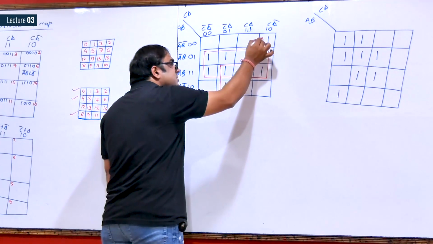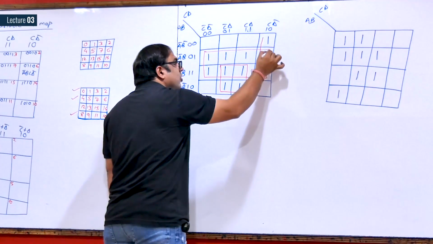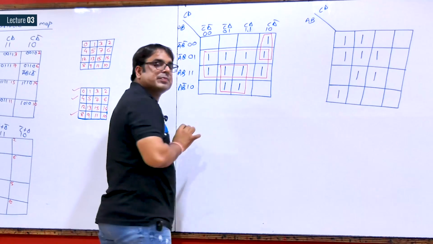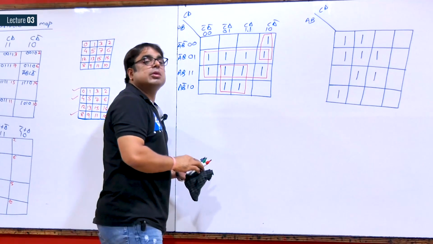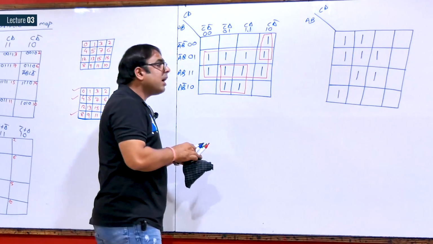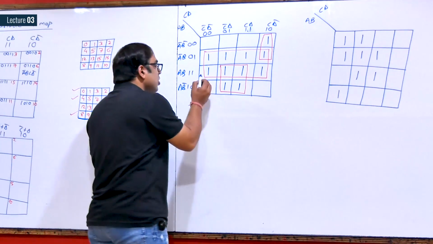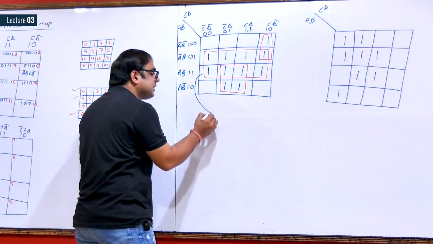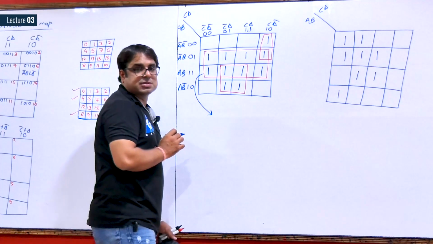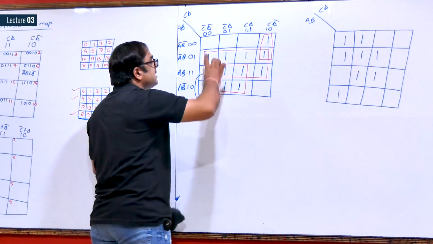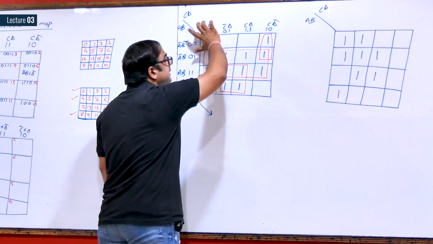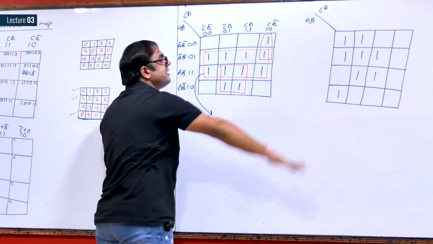If I consider this min term, a rectangle of 2 min terms. Now how to write down the answer? For this octet, octet means 8 min terms, nothing can be common on this side, all C and D will change.